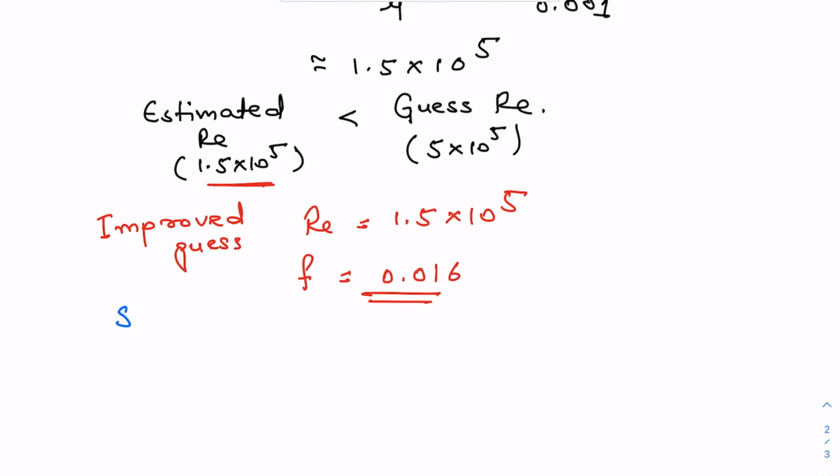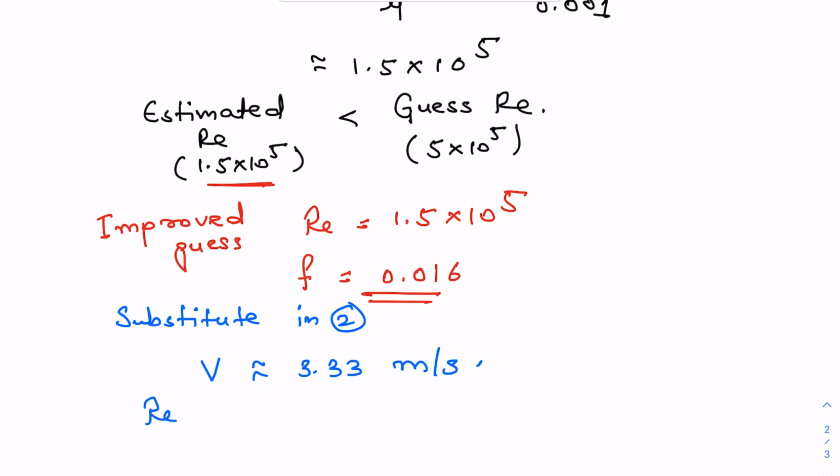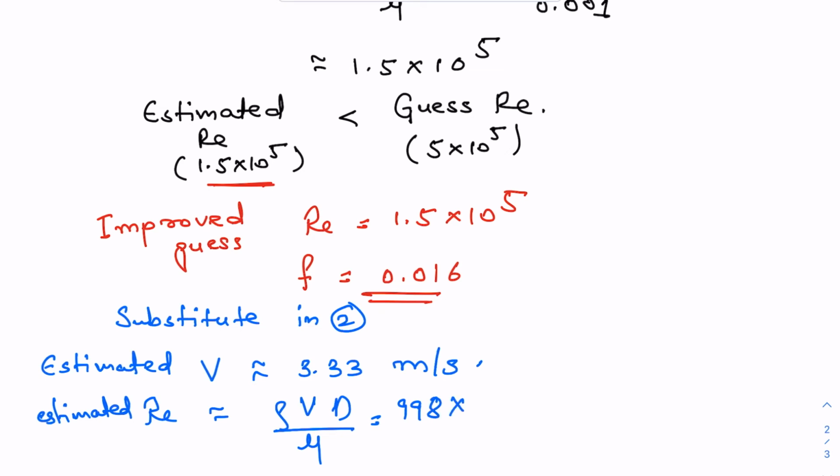So substitute in 2, and what you will find is that V comes out to be equal to 3.33 meters per second. And now your estimated velocity is 3.33 meters per second, and your estimated RE then comes out to be rho V D by mu, which is 998 times 3.33 times the diameter.